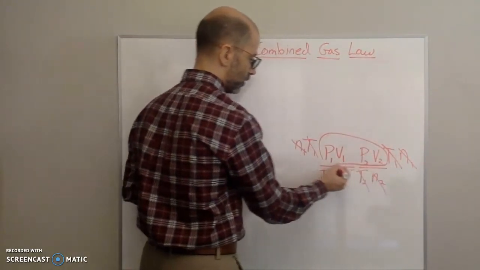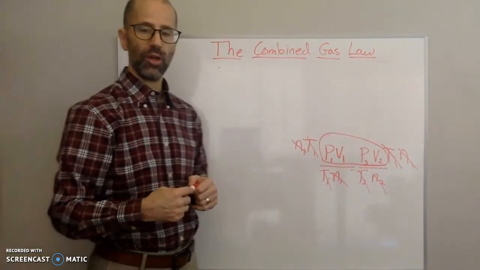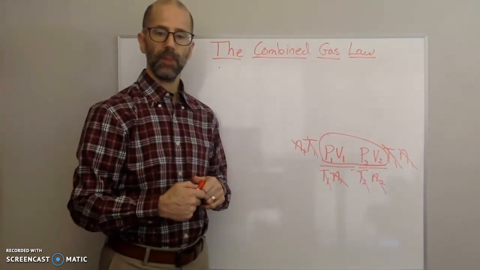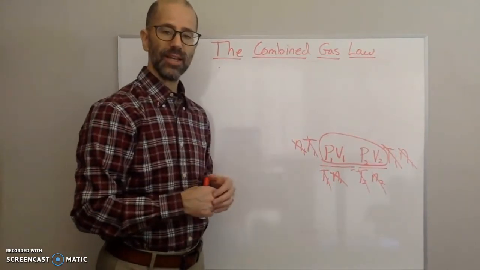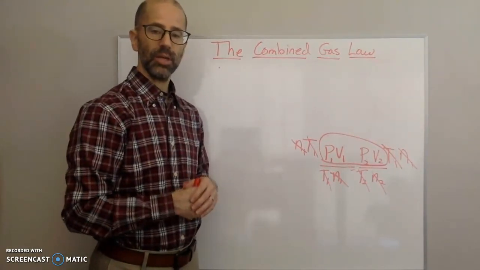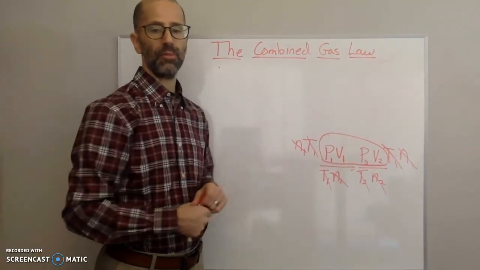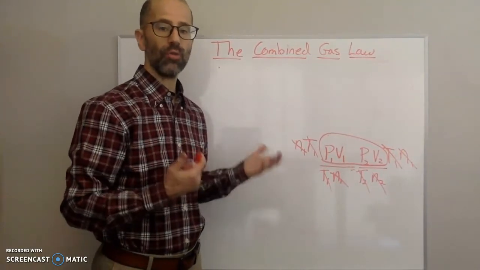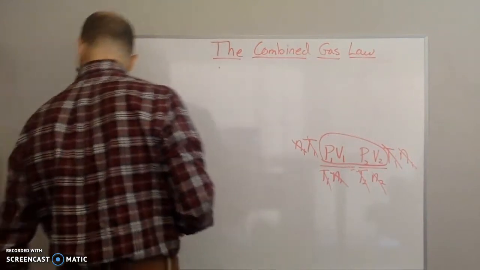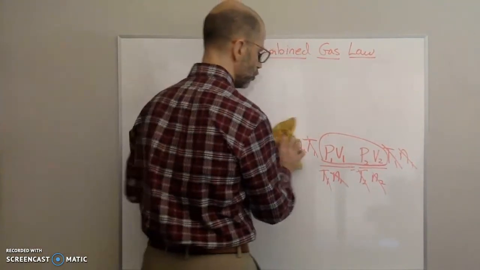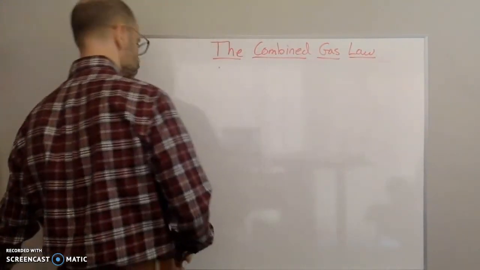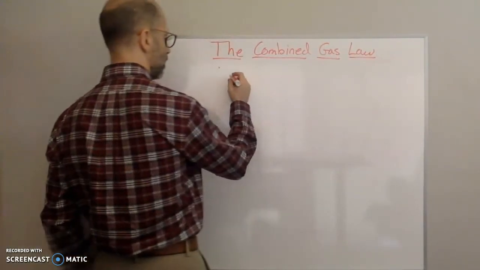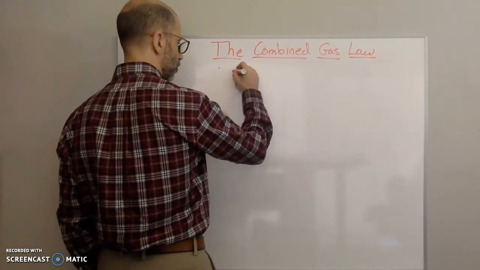Boyle's law, right? So whatever is kept constant in your problem, that's going to be eliminated from your equation. And then whatever is left over is what you use. So you can figure out the equation to use by eliminating those things that are constant.